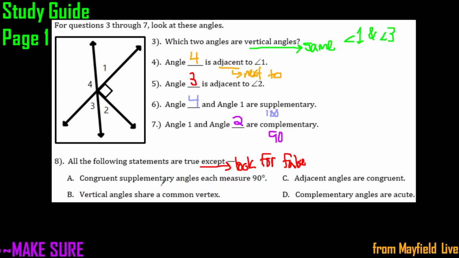Well, that makes sense because it's saying two angles that add together to equal 180, so each would be 90. Sure, that would be true. And it says vertical angles share a common vertex. That's true as well. However, adjacent angles, that is false. Again, adjacent angles are just next to each other, and there's nothing special about them besides that.